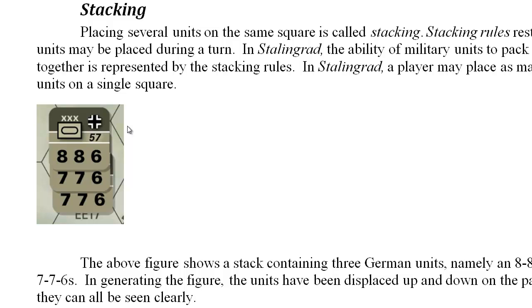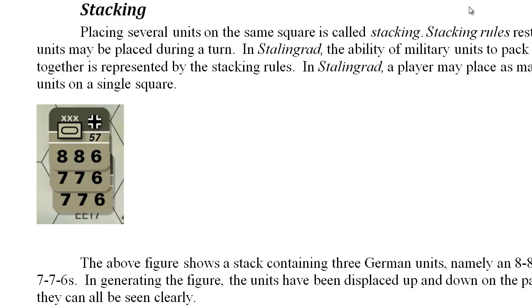The reason you need to do so is that as a result of combat, units may be required to retreat, or they may be allowed to advance. If units are required to retreat, in Stalingrad the retreat is always through 2 squares, and the units may never be retreated to form an illegal stack.